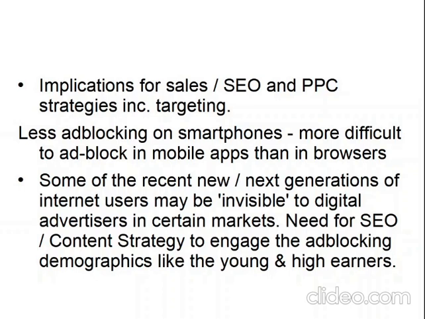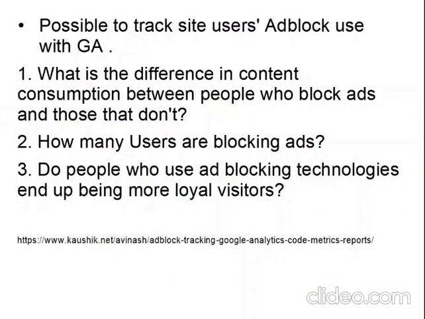And again, the strategy needs to take into account that some of the recent new and next generations of internet users may be invisible to certain advertisers in certain markets. So you do need an SEO content strategy to engage the ad blocking demographics. We talked about the young earlier. Apparently high earners are more likely to use ad blockers as well.